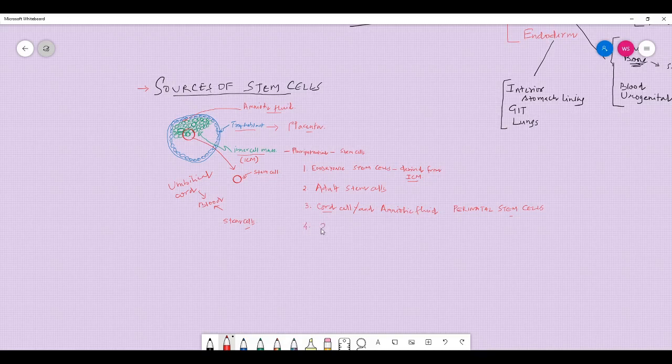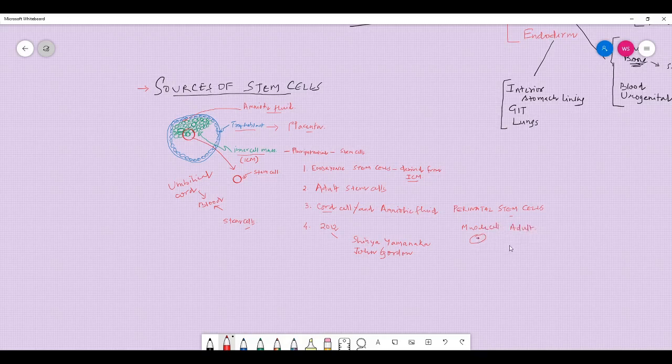In 2012, two scientists, one from Japan called Shinya Yamanaka and John Gurdon, discovered something phenomenal. They took an adult cell, let's say a muscle cell, from an adult.